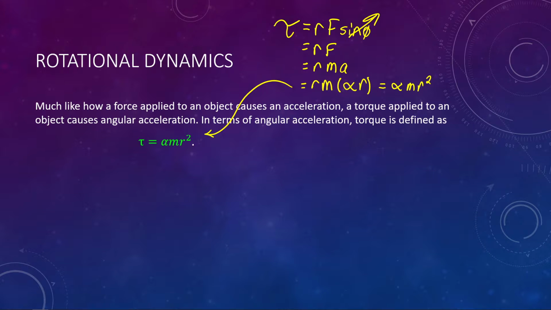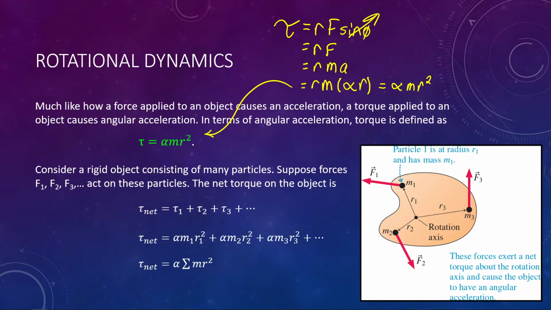Now, in many situations, we're going to have a rigid object, a large object, with perhaps multiple forces acting on the object, each producing a torque. So we would have to find the net torque, the total torque acting on the object. Like you can see in the picture on the right, there are 3 forces acting on the object, each of them causing a rotation, in other words, a torque.